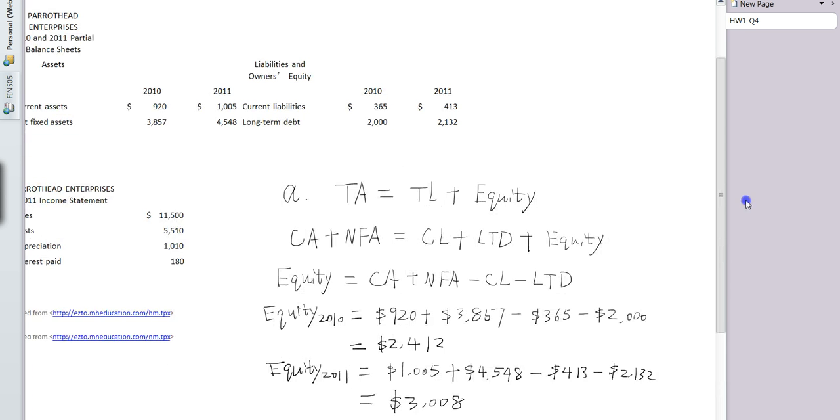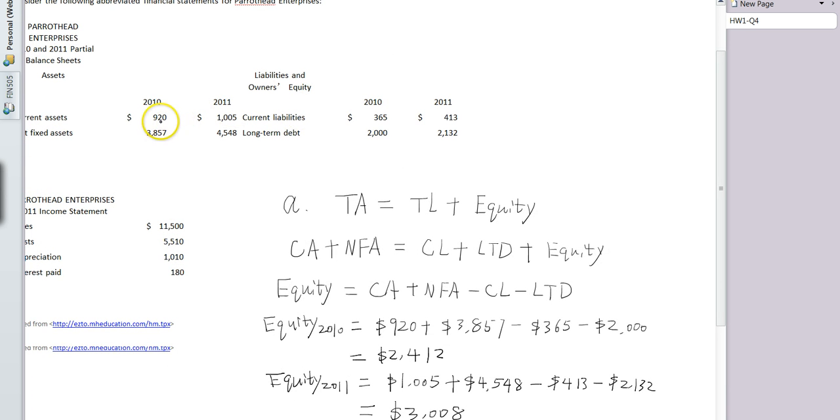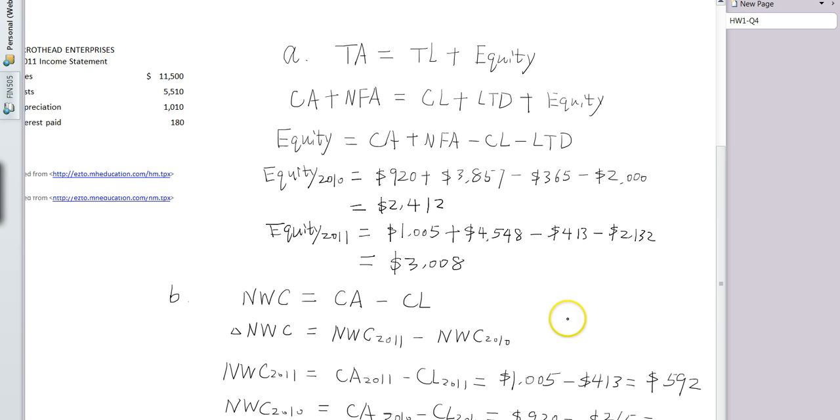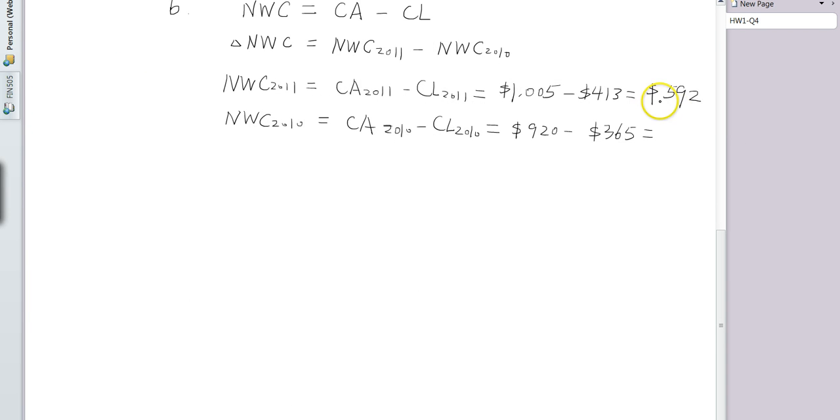If you go back to the balance sheet, that's 920 minus 365. Okay, so again, this is very simple, so I don't even need a calculator. So that gives me 555. So I have 3 fives.